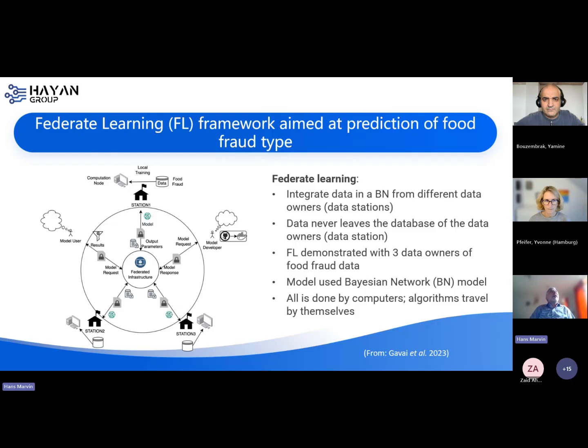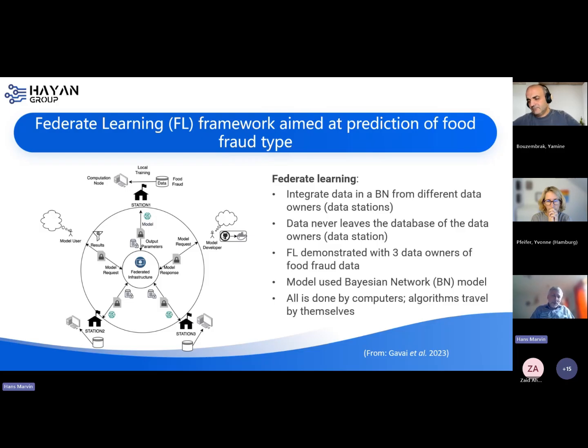These actors don't want to share the data, in the sense of giving it to someone else. They want to keep it because they have either paid a lot of money to generate it, or it is sensitive. Nevertheless, all three data owners are interested in a Bayesian network for the prediction of food fraud, but don't want to share their data with the others because it is sensitive.